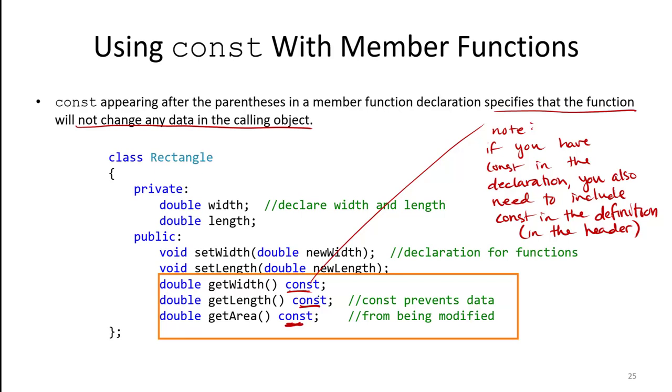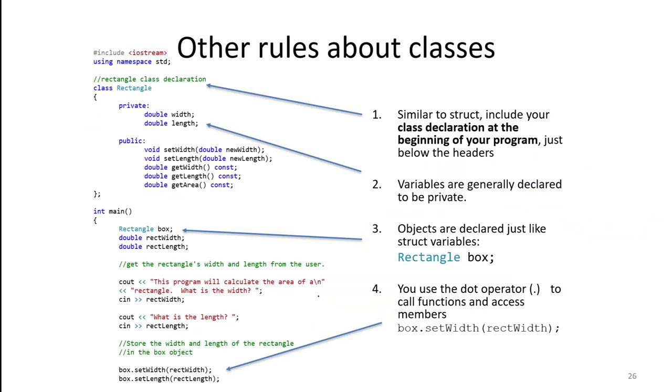So we've looked at how we declare a class. How does this fit into our actual program? Here's an example of how the class rectangle could be written with a full main function. So there's a few important rules that you'll want to remember.